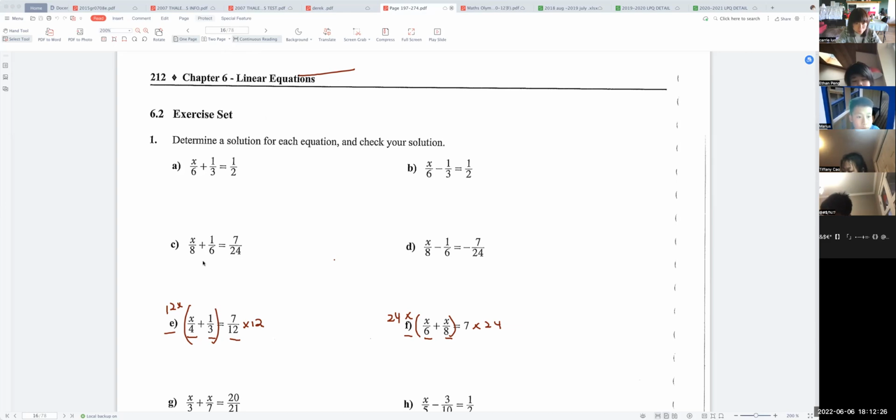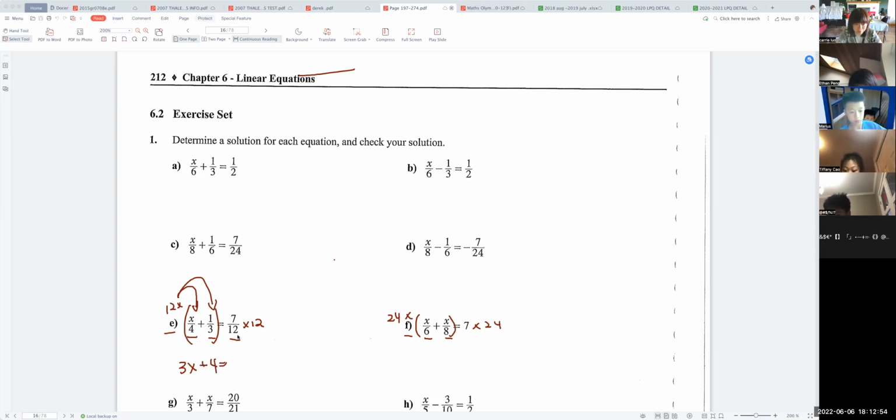So 12 times x/4, Maris, equals what? 3x. Yes, 3x. Correct. So 12 times 1/3 equals what? 4. Thank you.